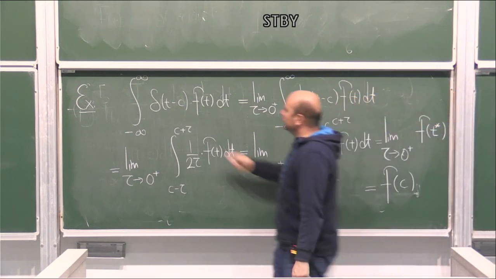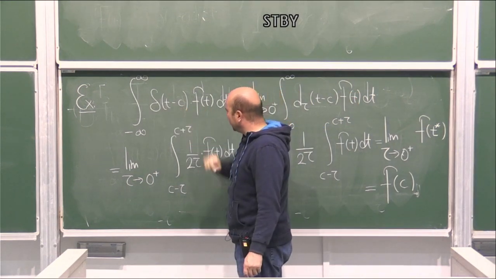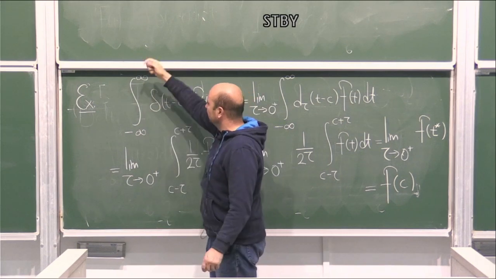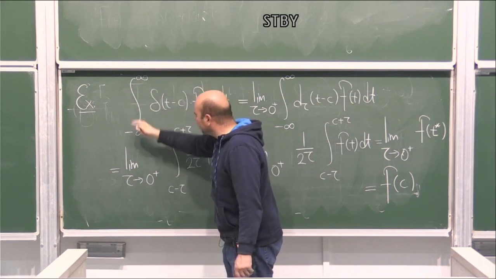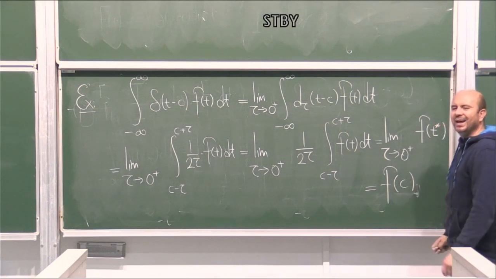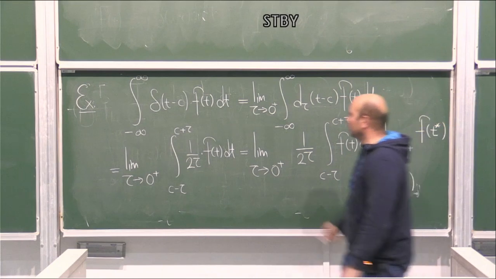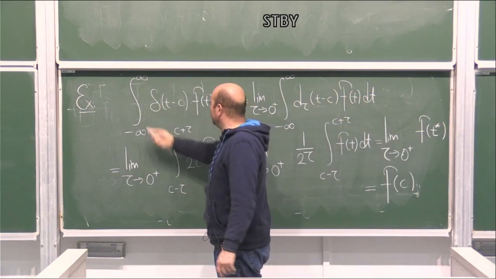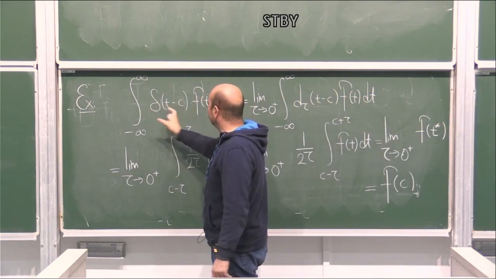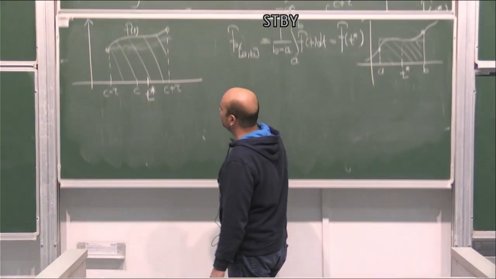So the integral of a function times the delta function from minus infinity to infinity is nothing but the value of the function at the impulse point c. So strange integral maybe you can think, but its value is very obvious. Just evaluate at the impulse point.